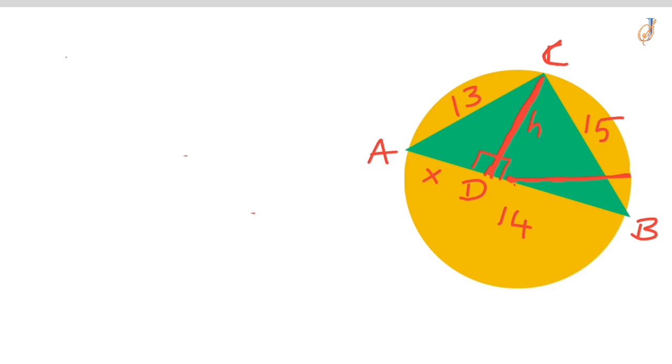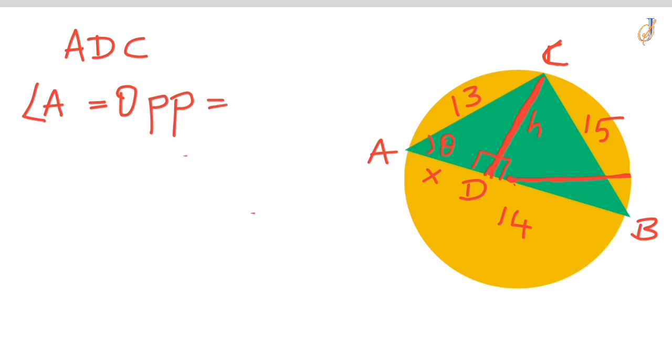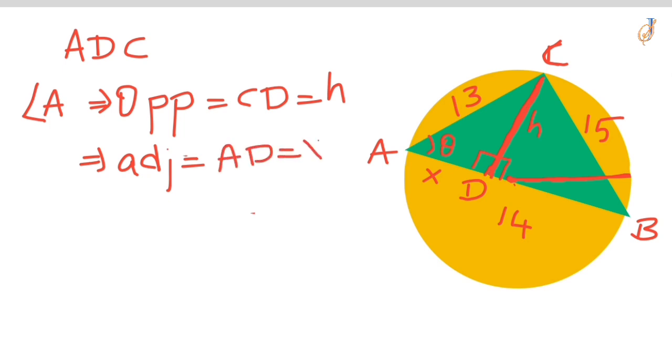So in triangle ADC, at D we have 90 degrees. If A is the angle, the opposite side is CD, which is nothing but H. And this angle's adjacent side is AD, which is X. Hypotenuse is AC, which is 13.